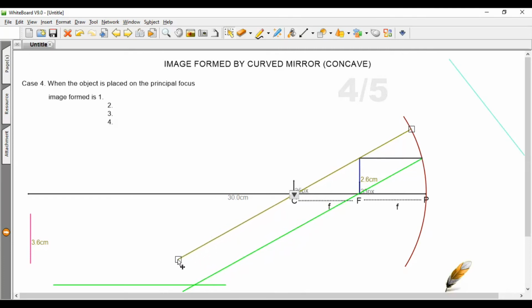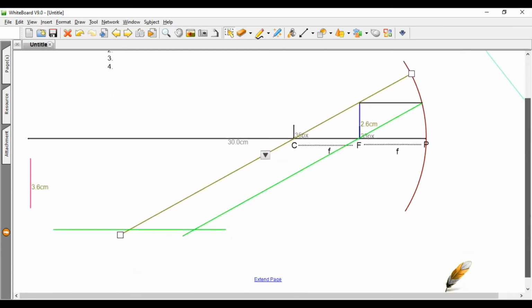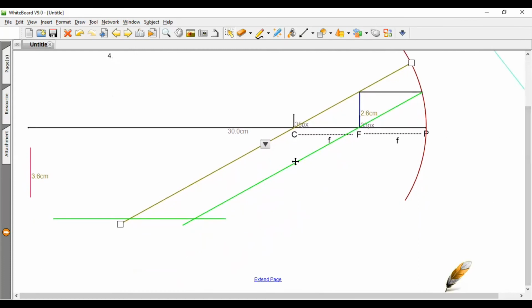And this one must continue passing through your center of curvature. Let's go down a bit and see if this will actually meet. Don't forget your focus. It's important.